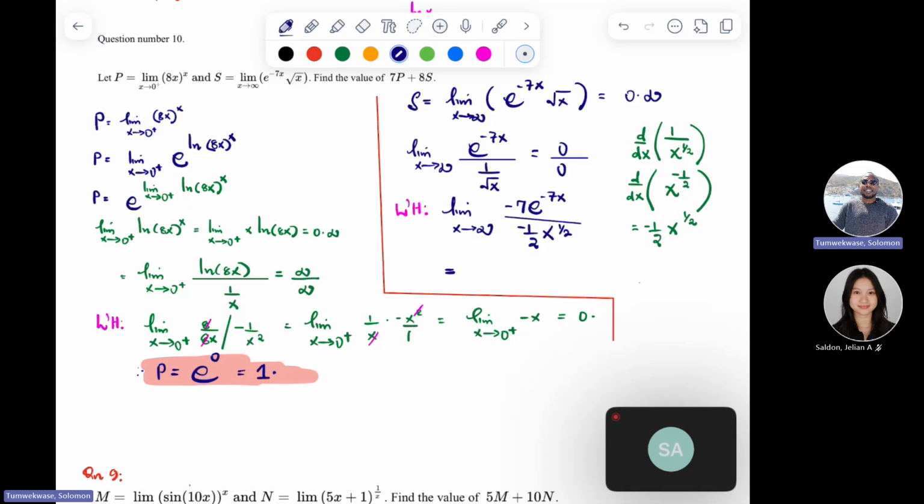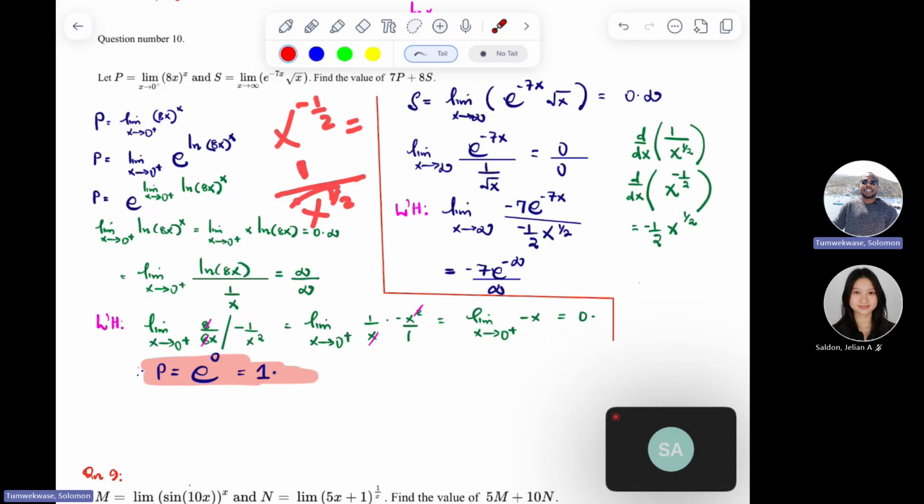When I take the limit, it is negative 7 e to the negative infinity, then over infinity. Why? Because this is x to the power, and the power is positive. Remember that. If the power is negative, x to the negative half, and I substitute infinity there, I don't get infinity, I actually get a 0, because x to the negative half is the same as 1 over x to the power half.